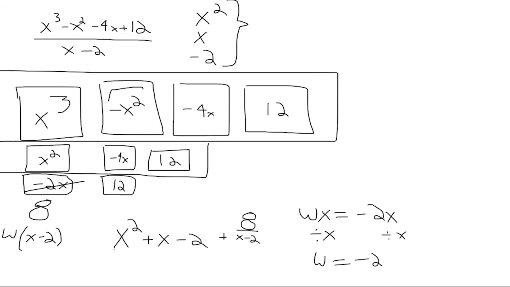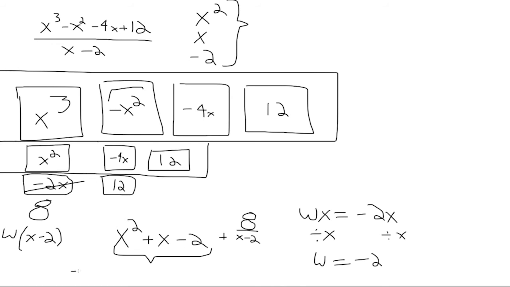So this times x minus 2 is basically what we had to multiply by so that we could subtract it.